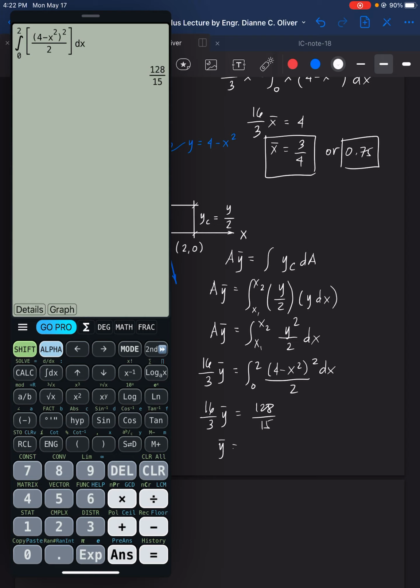So y bar is now equal to the answer divided by 16 over 3. That is equal to 8 over 5, or that is 1.6.